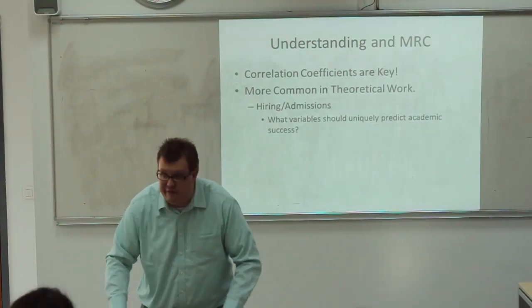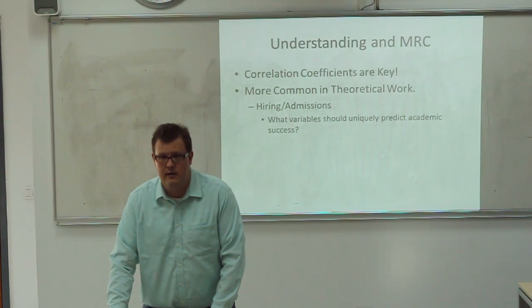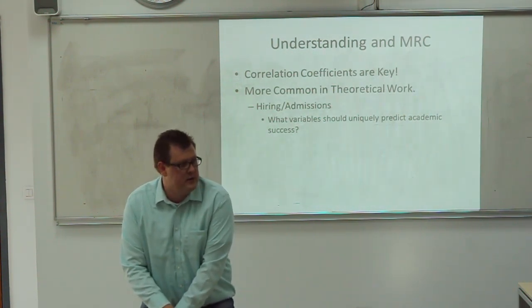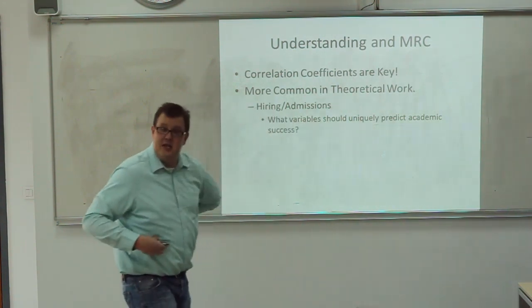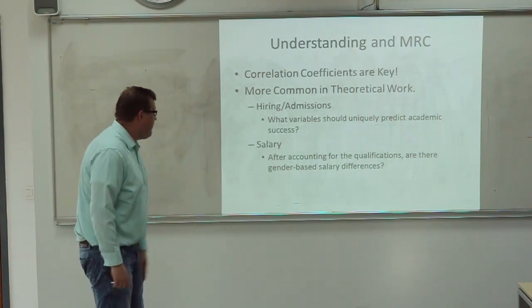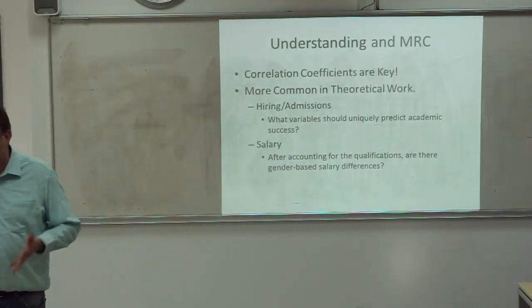If these are really different things, they should account for something else. If they're the same thing, they shouldn't account for anything else. So we can use it to understand things. With salary, after accounting for qualifications, are there any gender-based salary differences? Is there discrimination at the place that you're working? Are they paying women less than men?